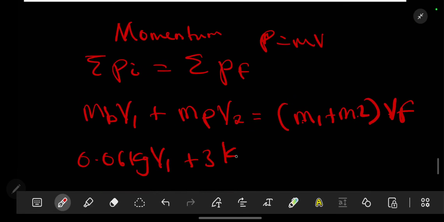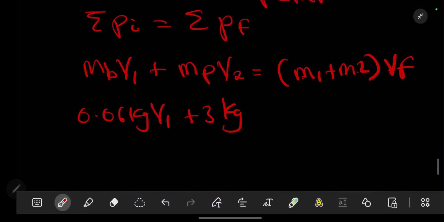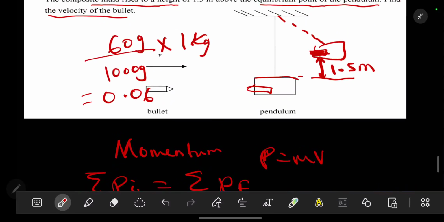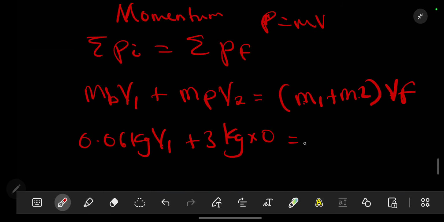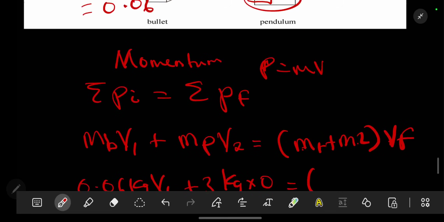So we say 3 kg times the velocity. The velocity of this at the beginning was 0, it wasn't moving before the bullet was shot. This should be equal to the mass of the bullet plus the mass of the pendulum.